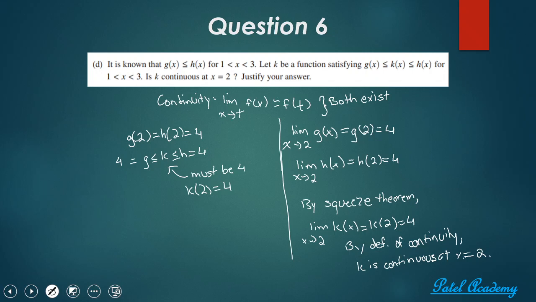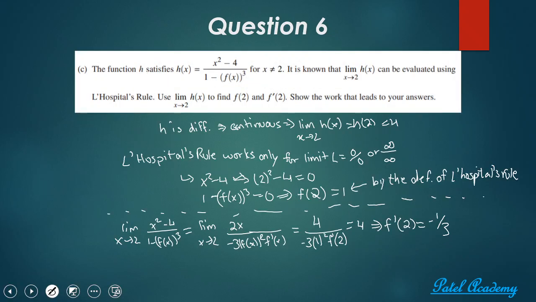Now, some of the important questions that I wanted to go over were especially these last two. Just to make sure that you understand, this one, L'Hopital's rule can only work when the limit, when you evaluate it, is 0 over 0 or infinity over infinity. And so something like this problem solving strategy is quite uncommon, but it is important to know that you can use this condition to actually solve.